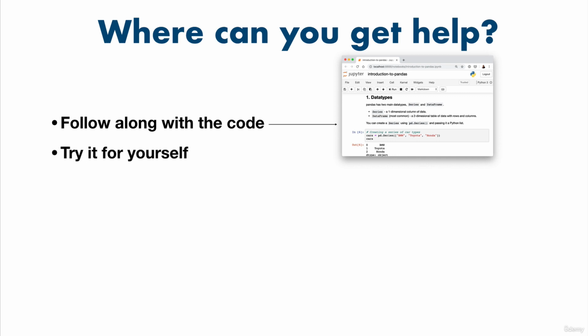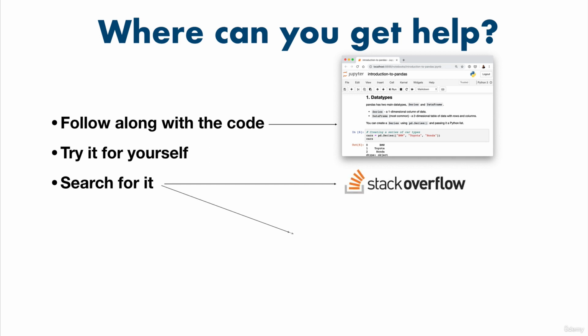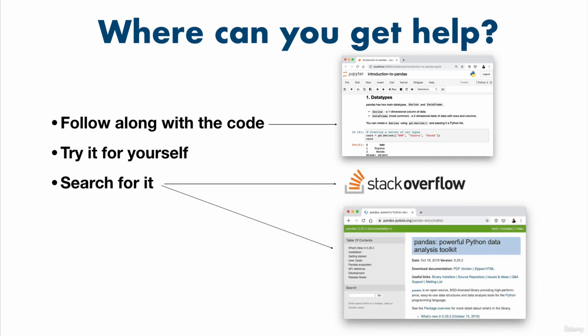It's very important to try and just write the code yourself. If in doubt, just run your code. And don't worry if an error pops up. There's different places you can look, such as Stack Overflow or Pandas documentation to figure out what's gone wrong. The most important is to try for yourself and then to try it again, because this is what will help you learn. So if in doubt, run the code.